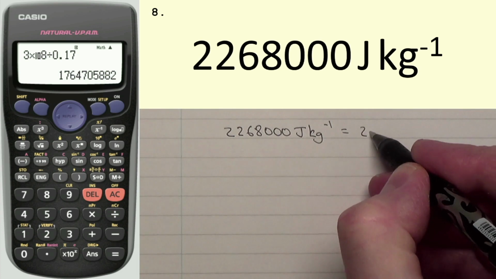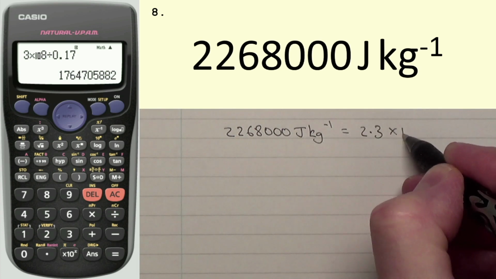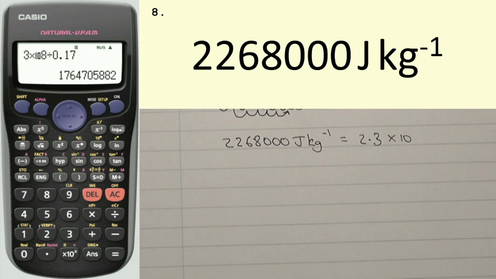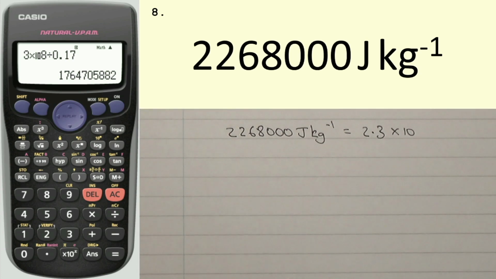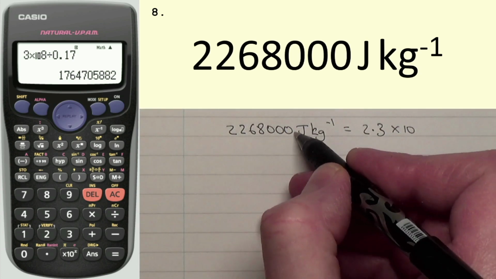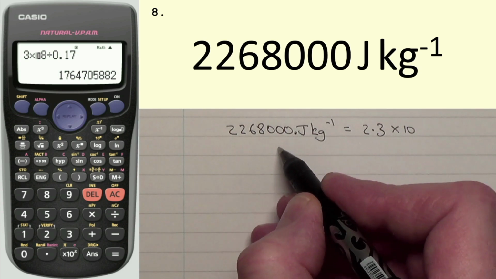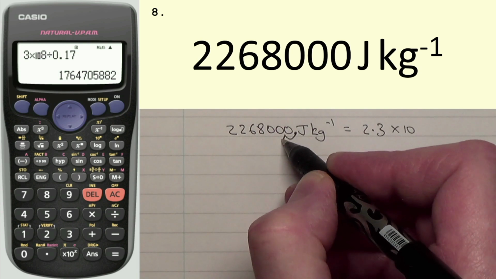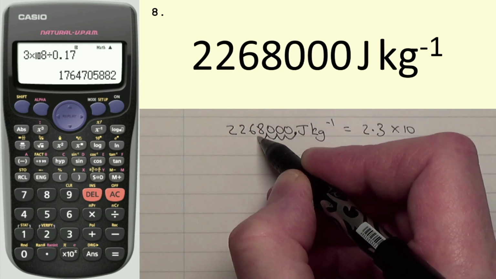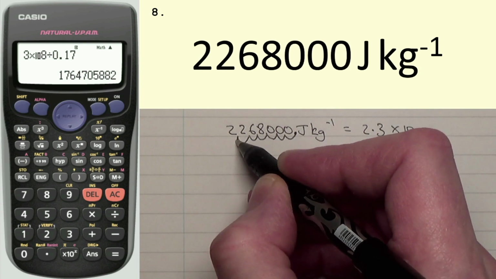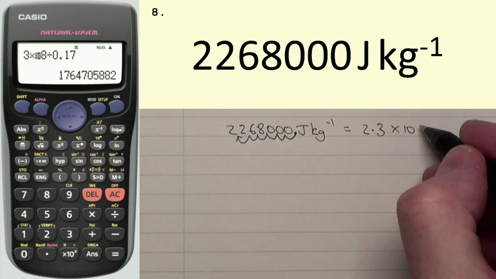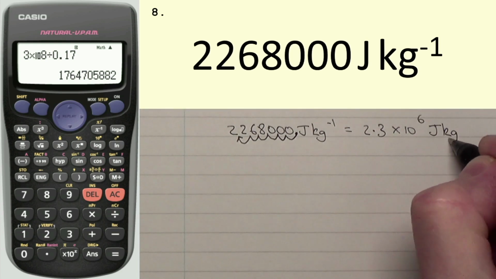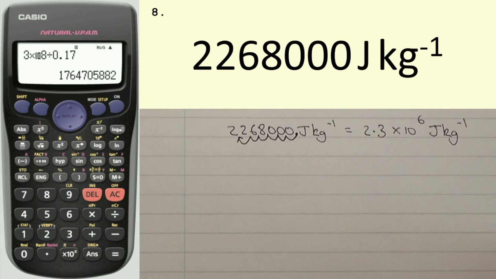So that would be 2.3 times 10 to the power of, obviously it's a very large number, so that would be a positive power. Well, the point would be here. I need to move it between the first and second figure on the left. So that'd be 1, 2, 3, 4, 5, 6 positions to the left. So 2.3 times 10 to the power of 6 joules per kilogram.